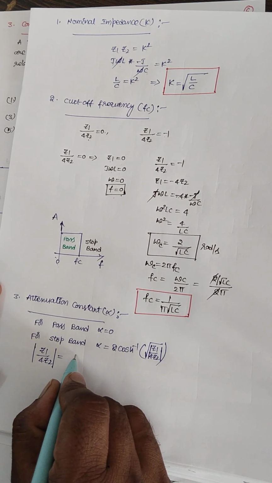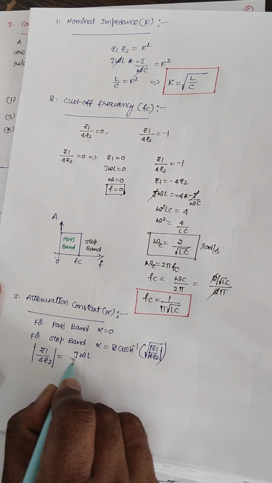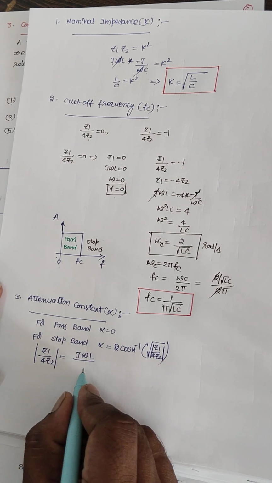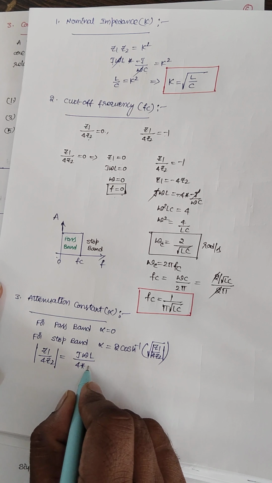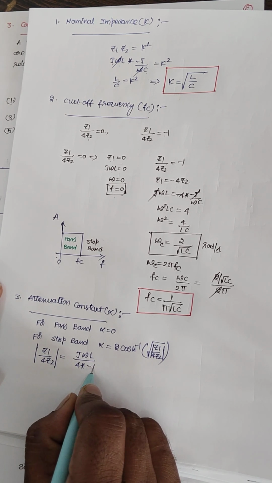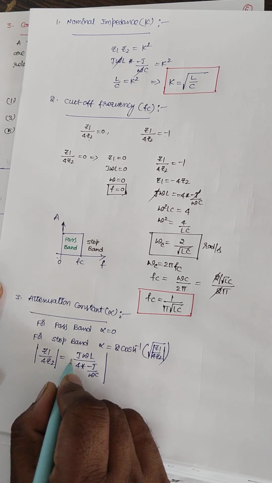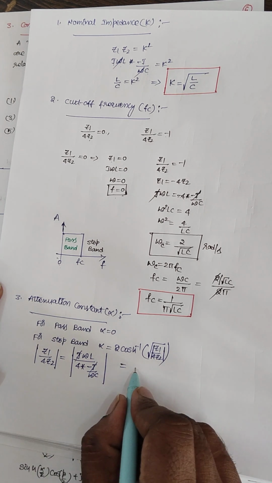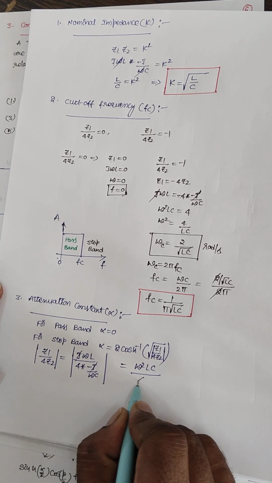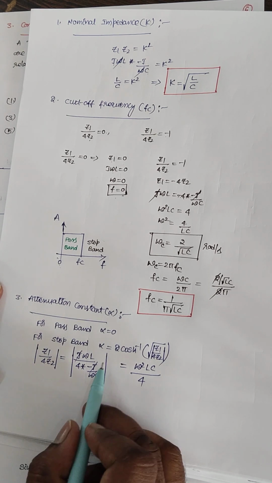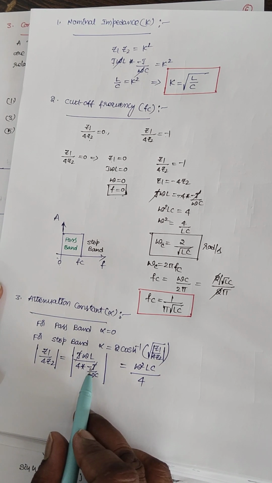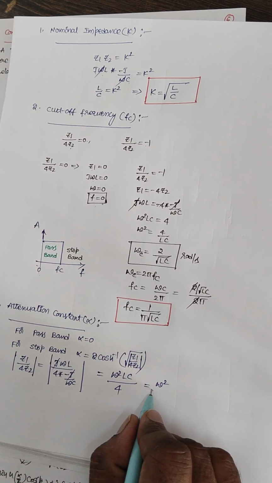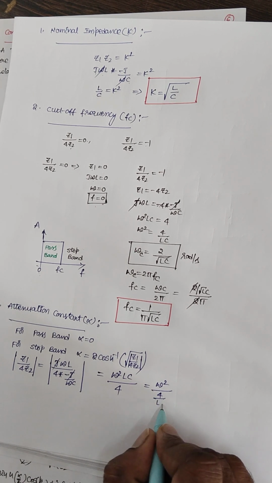Z1 is the inductance, so it is j omega L. 4 into Z2, which here is minus j by omega C. Since it is a modulus, the j will get cancelled, and even though there is a minus sign, it will become positive. So it will become omega square L into C divided by 4.